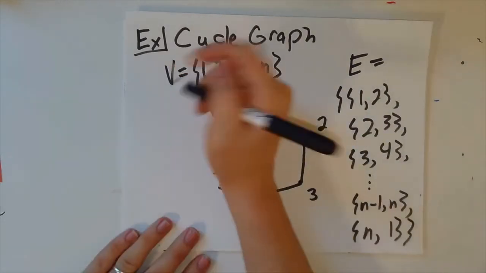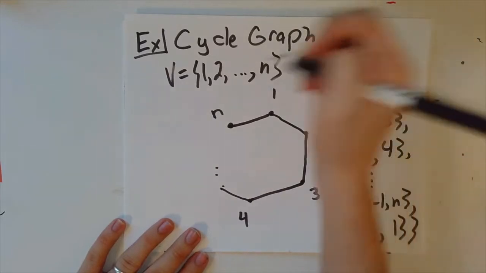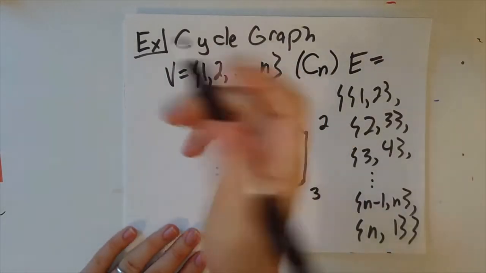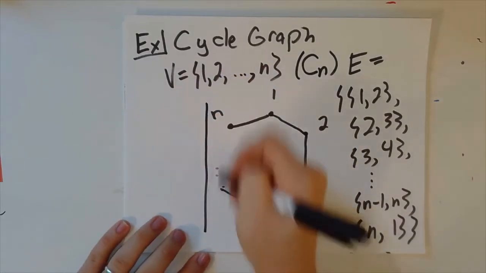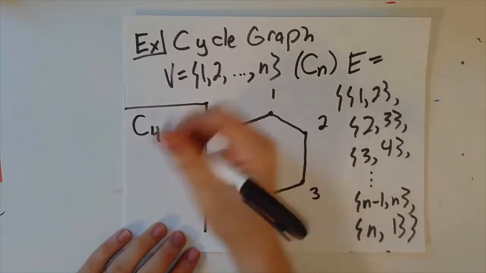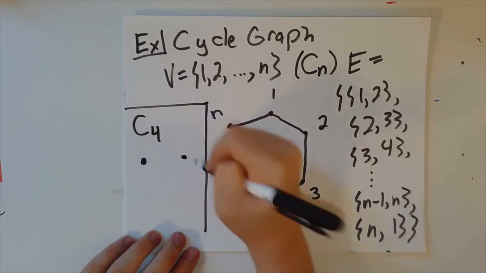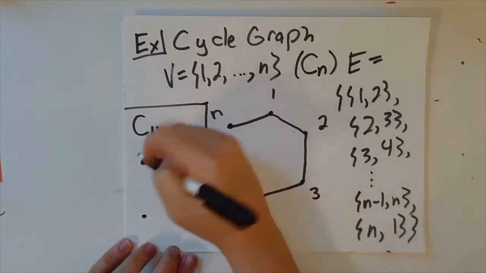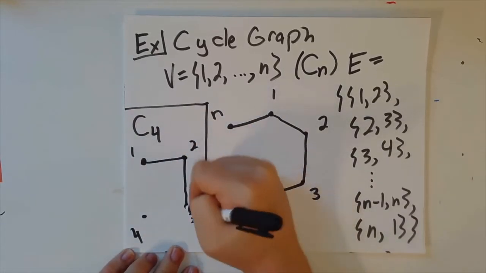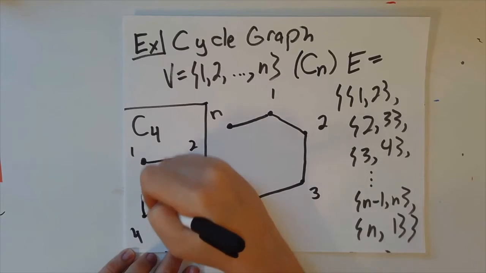I'm going to denote this by C sub n. If I write down, for example, C4, that's going to be a square. There's 1, 2, 3, 4. 1 connects to 2, 2 connects to 3, 3 connects to 4, and then 4 connects back to 1.